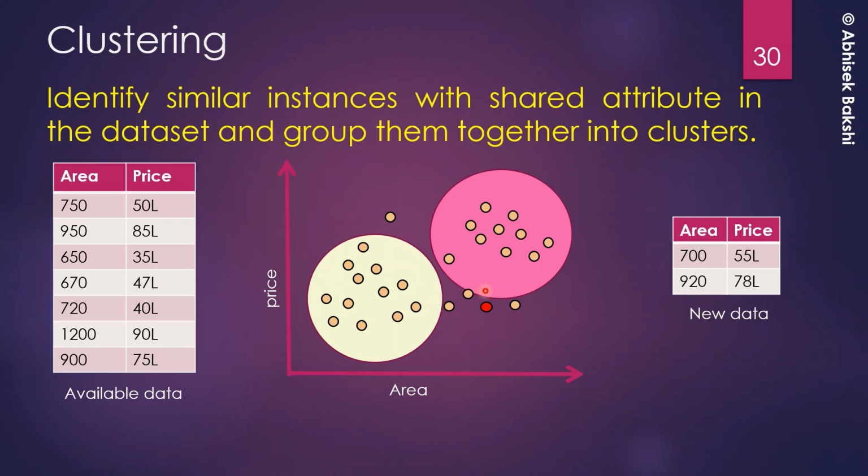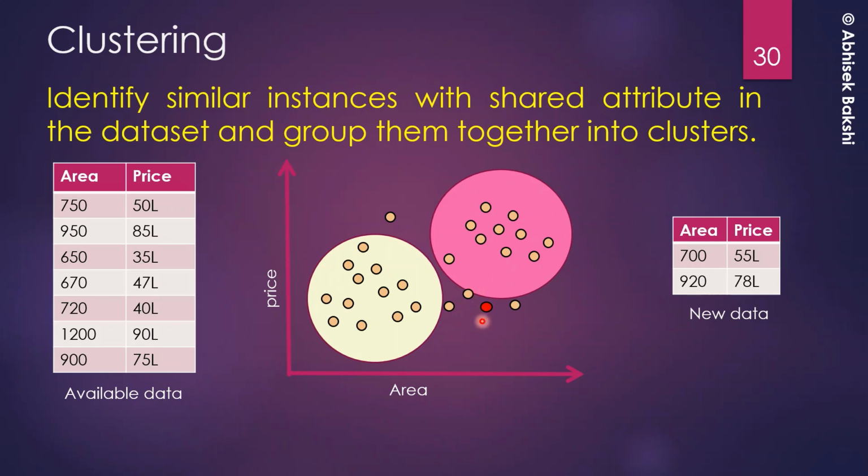In this situation, distance comes in. It plays a very important role. Let's calculate the distance between the center of this cluster and this point. Similarly, calculate the distance of the center of this cluster and this point. Whichever distance is minimum, I will consider that point under that cluster.